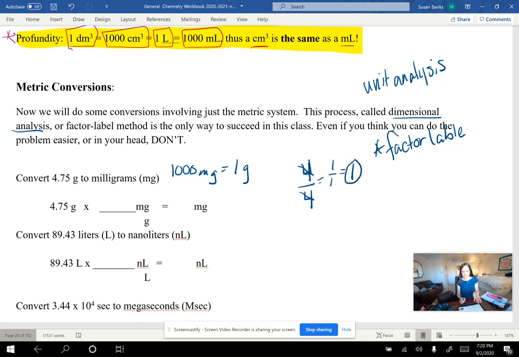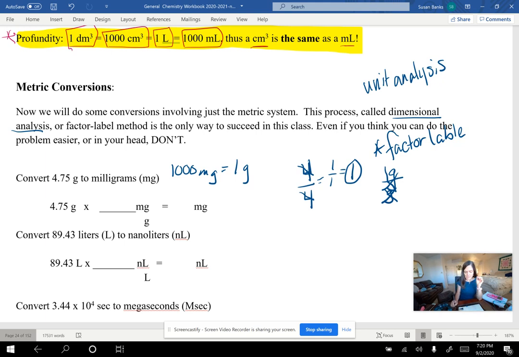Now notice when I have numbers, they actually reduce. But if I have units that are the same units over another unit, that unit actually cancels out, meaning we don't have that unit at all anymore. It's gone.